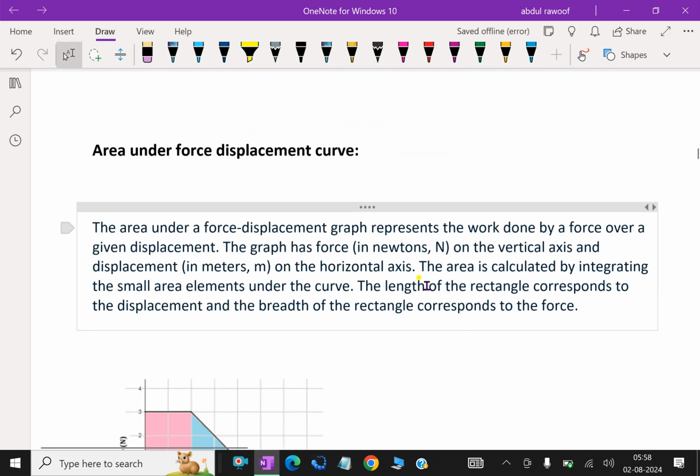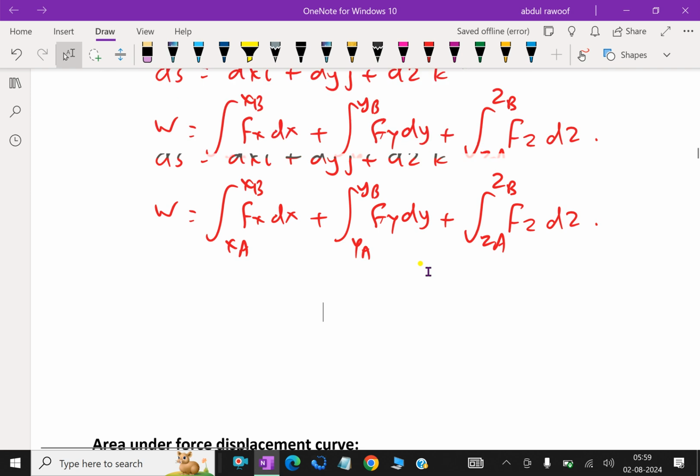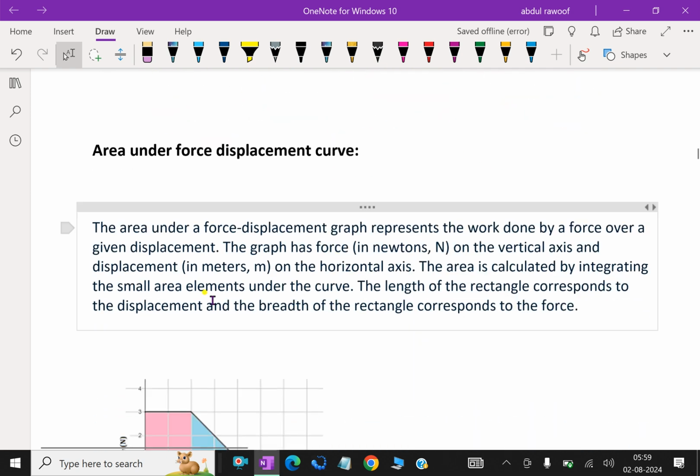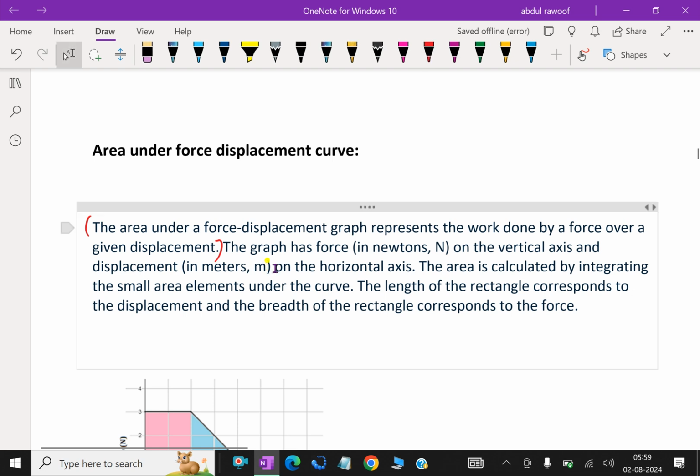Next one, area under the force displacement curve. Suppose this is a force displacement curve. The area under it represents the work done by a force over a given displacement. Here, the graph has force in Newton on the vertical axis and displacement in meters on the horizontal axis.